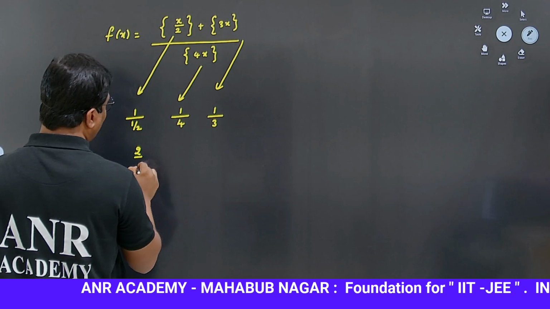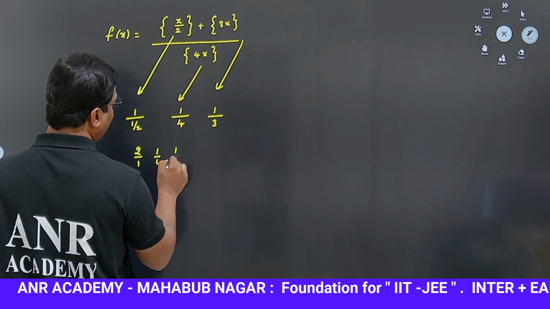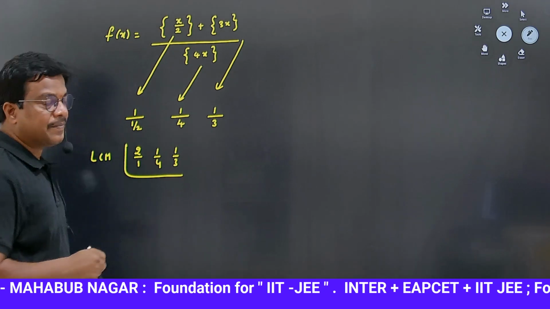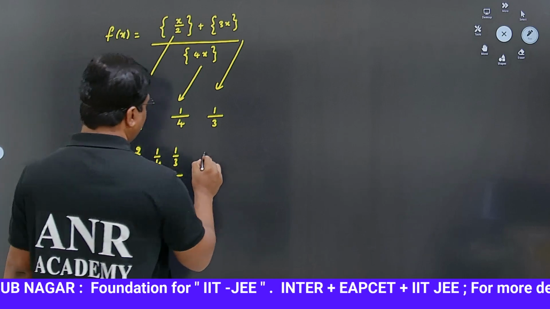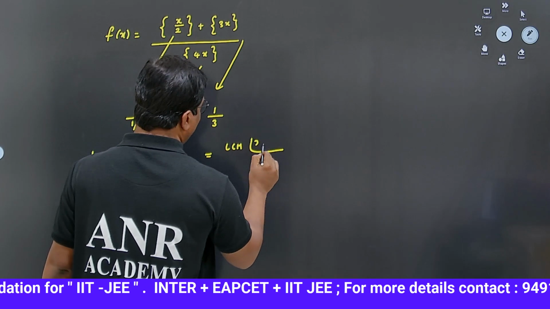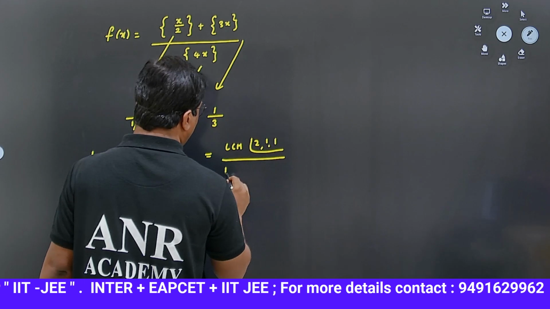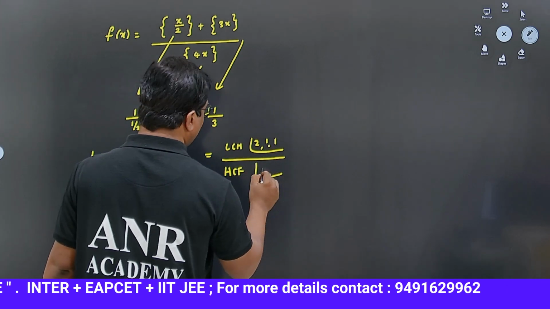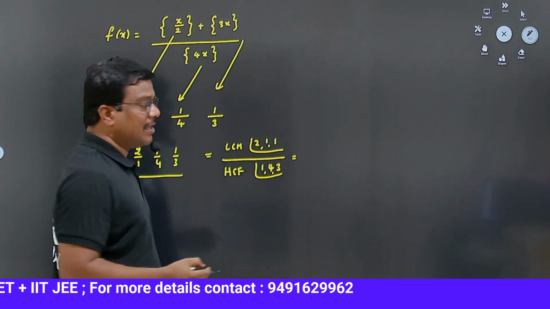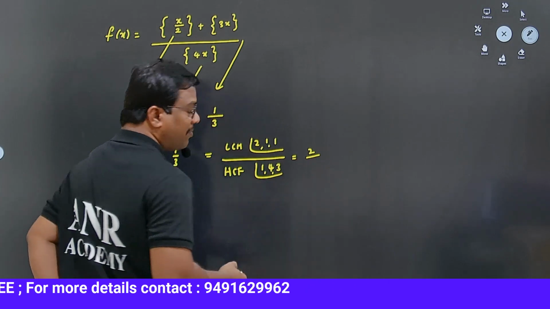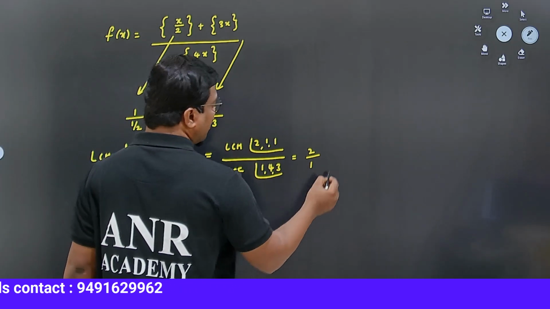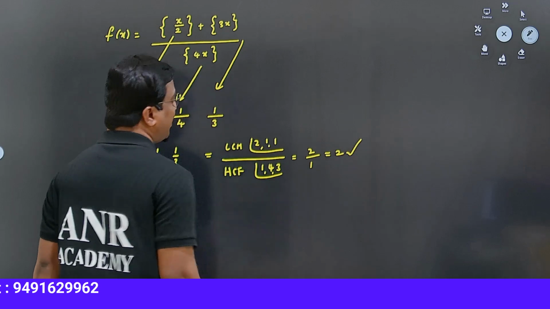So that is 2 by 1, 1 by 4, 1 by 3. The LCM of these numbers gives the answer. That is, LCM of the numerators 2, 1, 1 and highest common factor of 1, 4, 3 in the denominator part. LCM of 2, 1, 1 is 2. HCF of 1, 4, 3 is 1, so it has period 2.